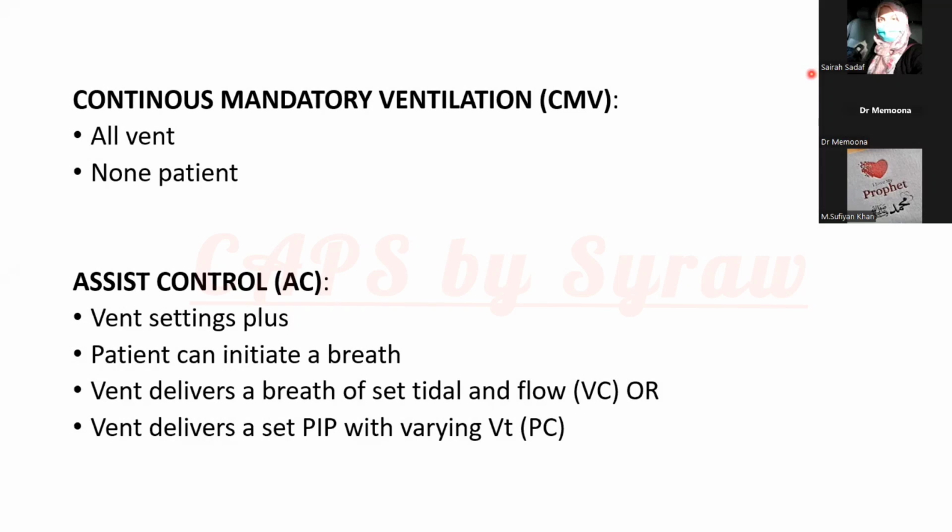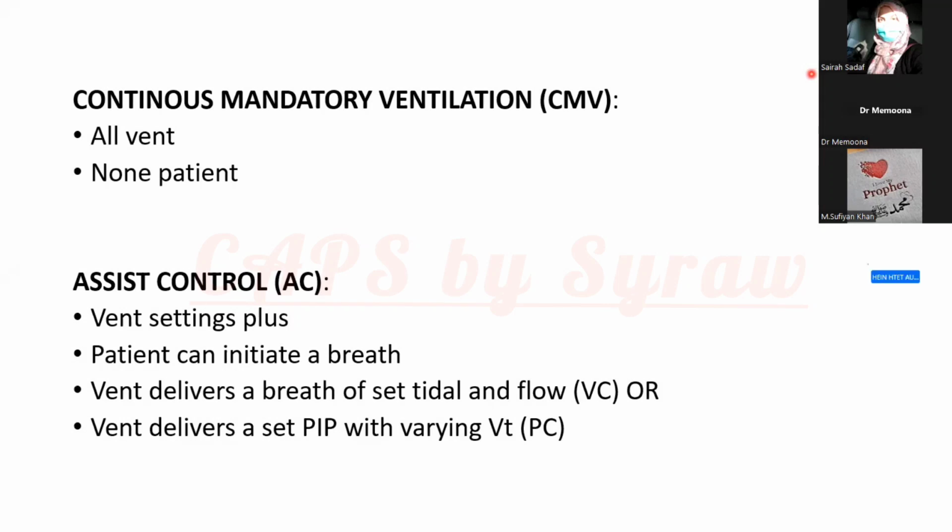And there's a lot of asynchrony that happens in this mode. So this mode is now having the properties of assist control. In all the modern ventilators, you might see this term CMV, but what it has is the inbuilt properties of assist control mode, to reduce the incidence of asynchrony.